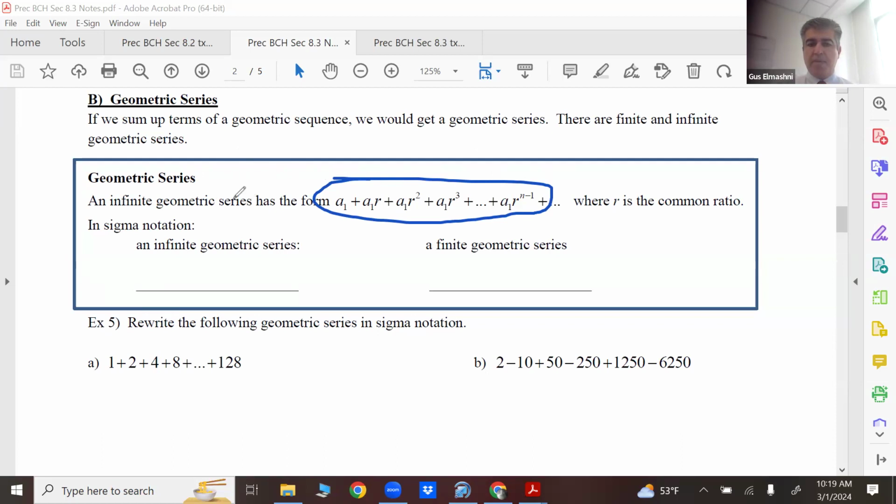So in sigma notation, how can I write it? You can write it like this. We'll use I. I'll say I equals 1, and this will be infinity. You have A sub 1 times R raised to the... hold on a sec.